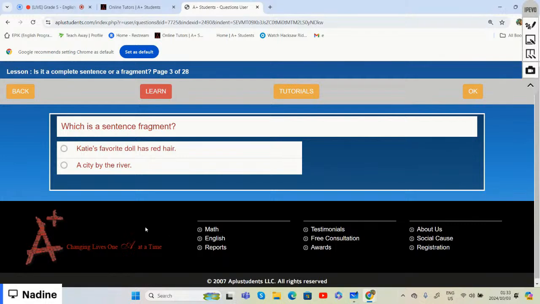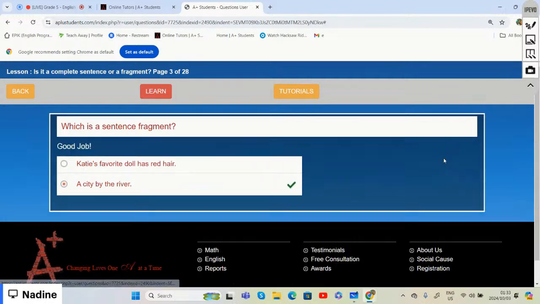All right, and if we were to select the sentence fragment, then we will choose option two. Well done. Option two is correct.